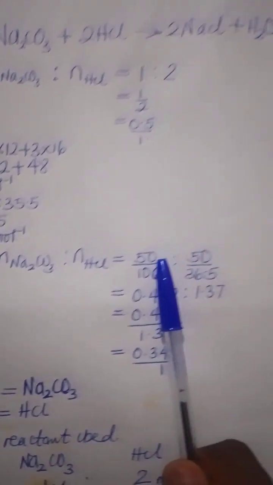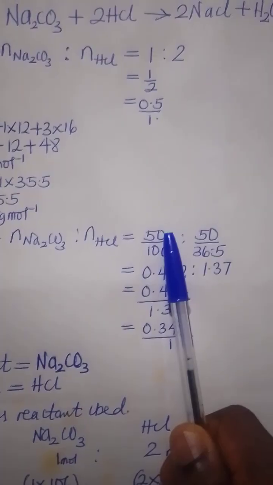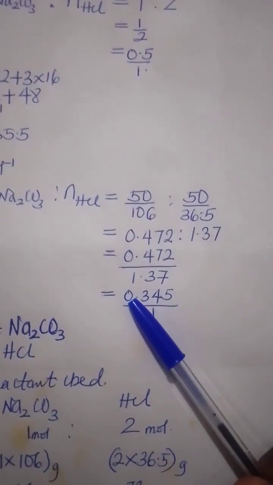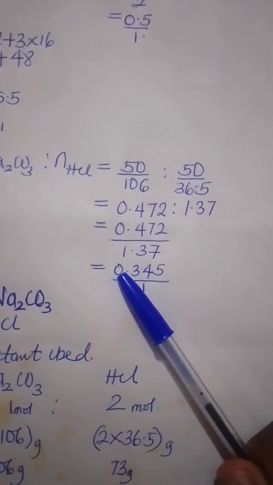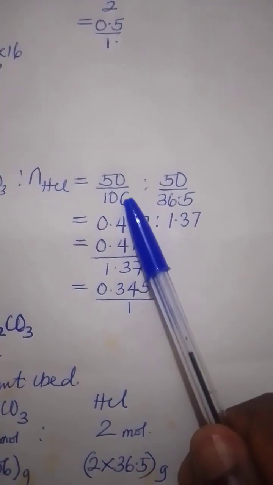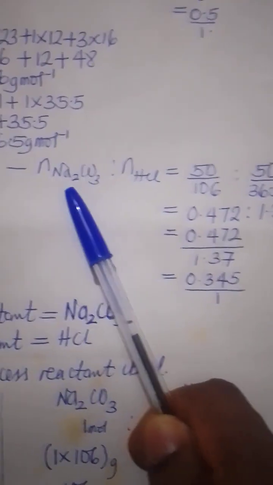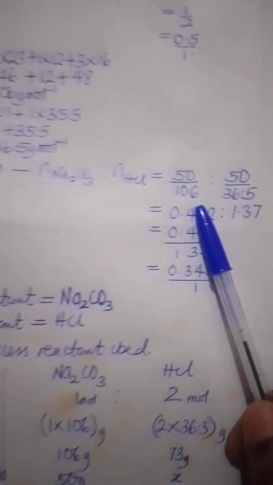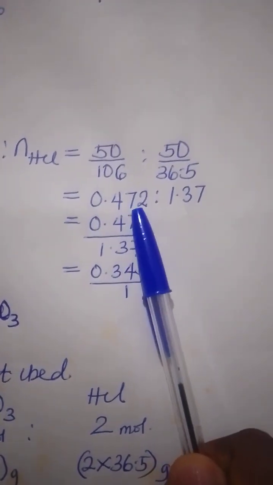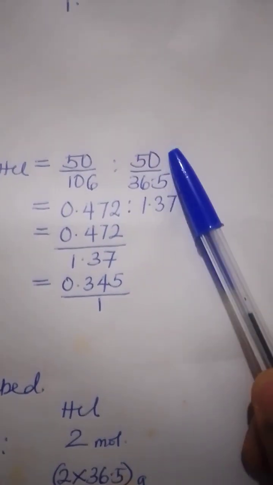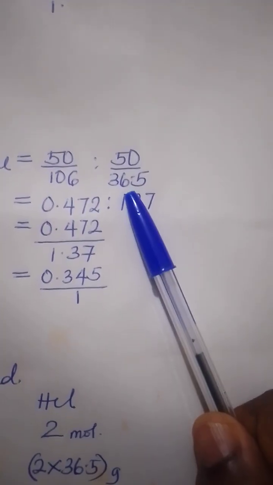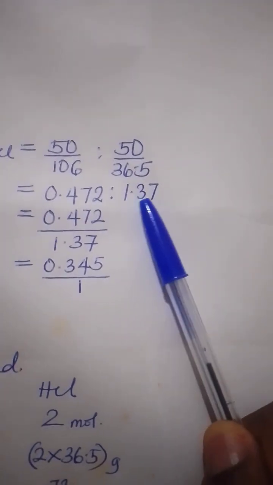So then we need to convert the mass given to mole so that we can adequately compare our result with the result we got when we resolved that of the equation. So let's see that now. 50 grams of sodium trioxocarbonate 4 divided by the molar mass, which is 106, will give us 0.472. 50 grams of hydrochloric acid divided by the molar mass, 36.5, will give us 1.37.